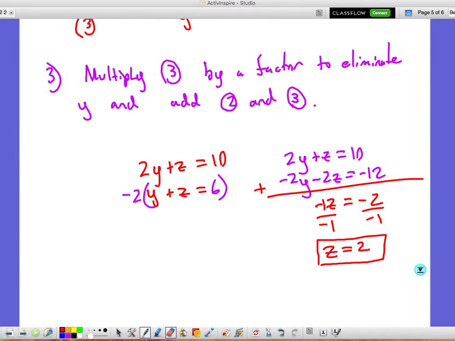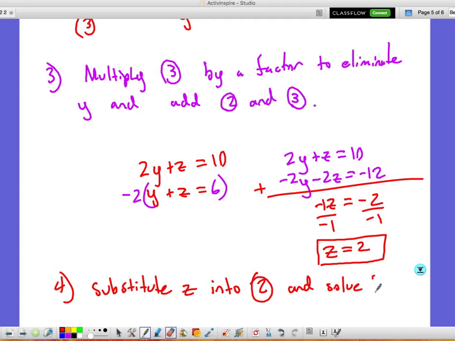So something very similar is going to be happening here. Since we solved for z, I'm going to substitute z into the second equation and solve for y.